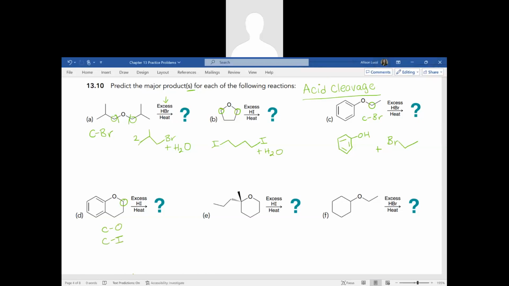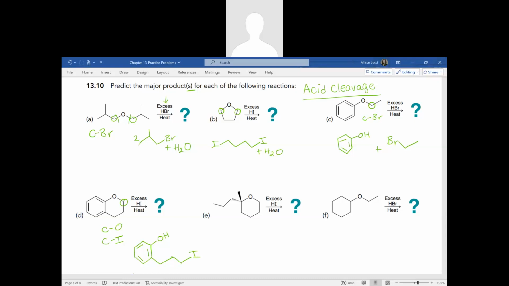So the product will be, again, something where that benzene ring, that sp2 hybridized carbon, is not cleaved, and we end up with an OH there. And then the rest of the cyclic structure becomes a chain and iodine on the end.